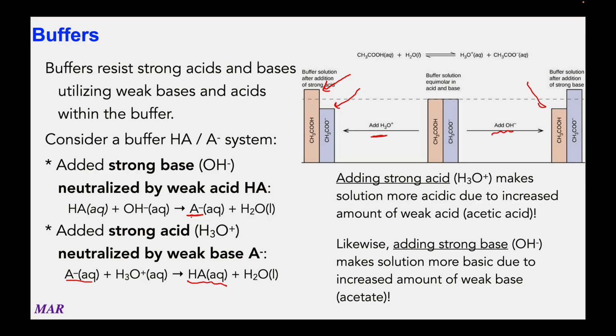The base lowered the amount of acid, but raised the amount of the conjugate base. And this is what happens with a buffer. You will see a pH change, but it's much more modulated thanks to the effect that these are weak acids and weak bases. It's a fascinating process, and buffers are really important for life and a whole bunch of different things, which is really cool.